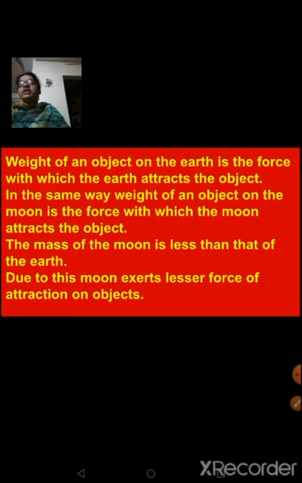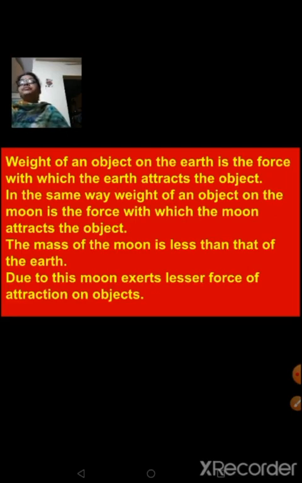In the same way, when I talk about weight of an object on the moon, I can define it as the force with which the moon is going to attract the object. So we all know that mass of the moon is less when compared to the mass of the earth. Therefore, the moon will obviously exert a lesser force of attraction on the object because its mass is less when compared to the mass of earth.